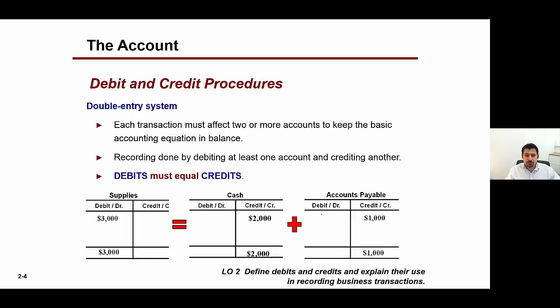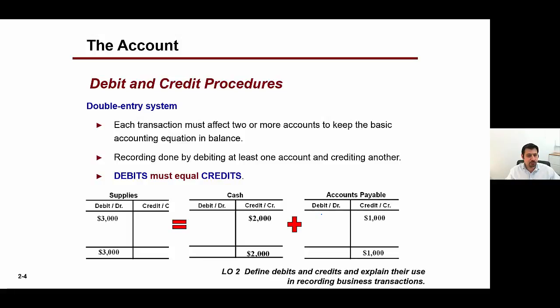Now, debits and credits are the basis of the double entry accounting system. The reason why we call it like that is that at all times, the total debit must equal total credit. So for each transaction, at least one debit account and at least one credit account must be involved.